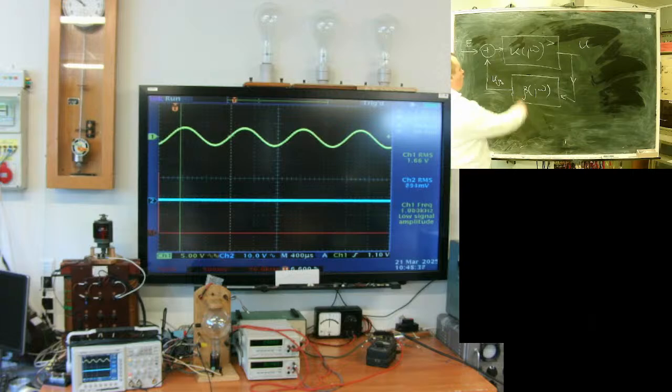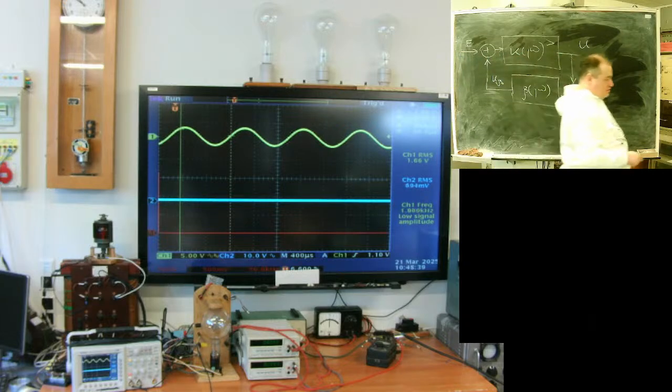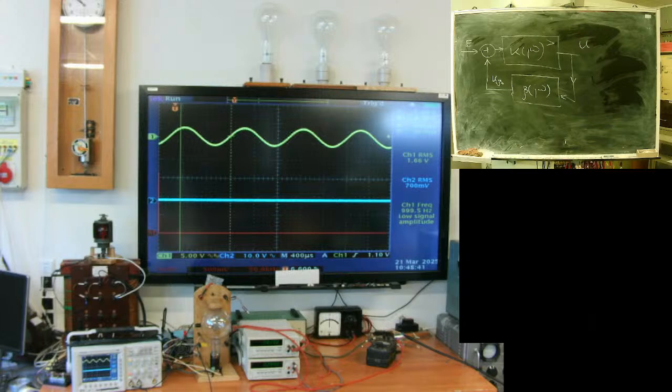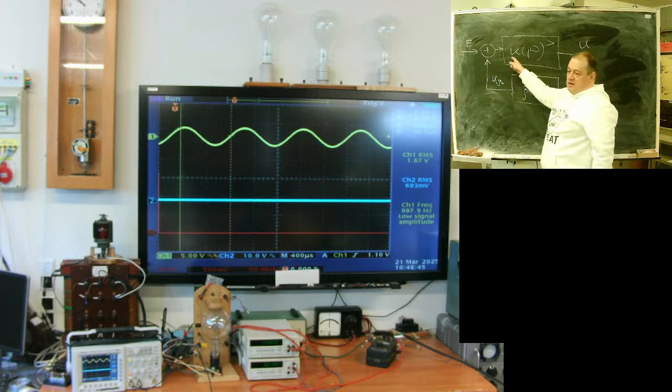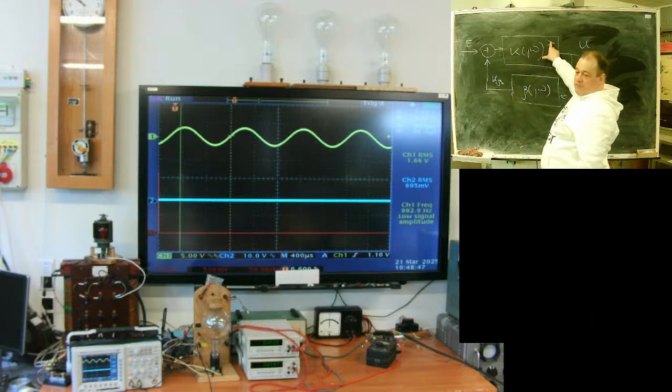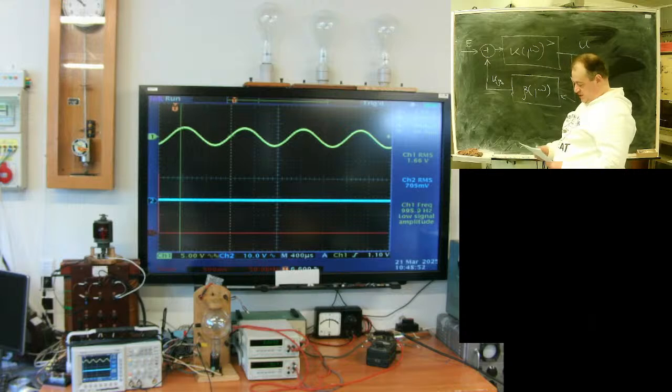I have forward transfer of amplification coefficient. Here, K is the amplification of the forward circuit, and beta is the feedback.